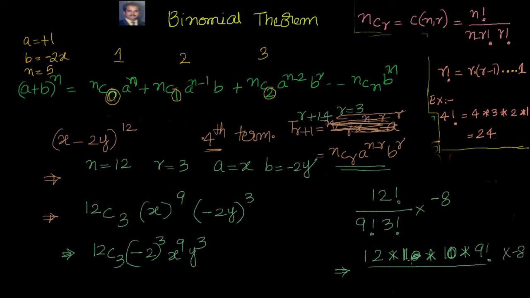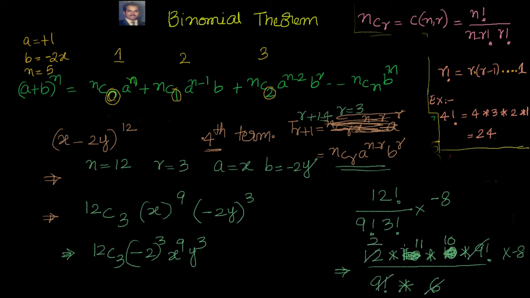divided by 9 factorial into 3 factorial, which is 6. So 9 factorial cancels out. 6 twos are 2 times.